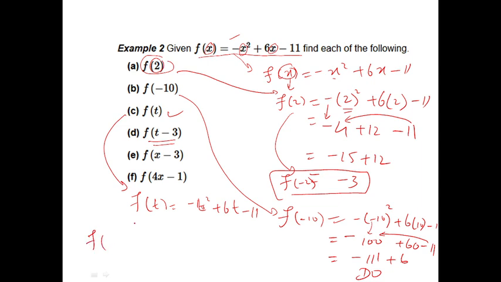As it is, replace that x by this value, t minus 3. On the right, minus t minus 3 whole square plus 6 t minus 3 minus 11.